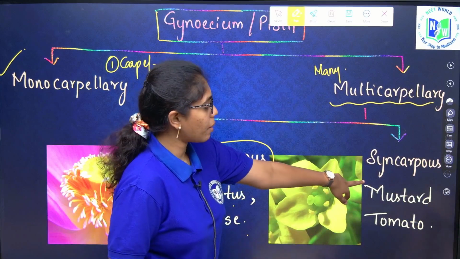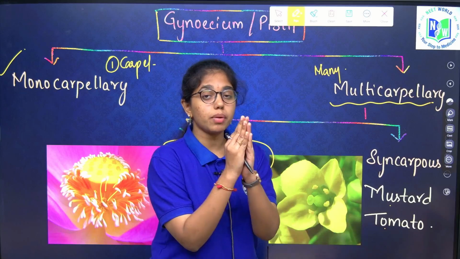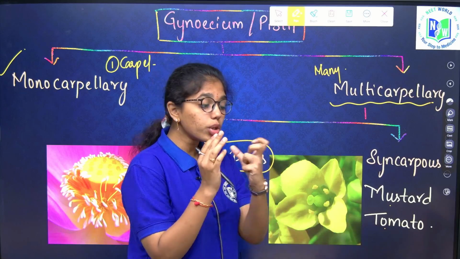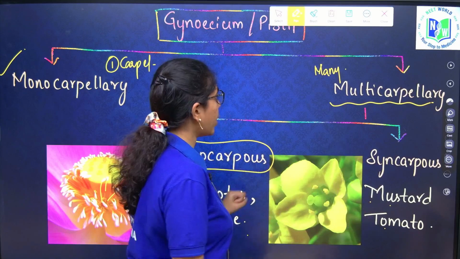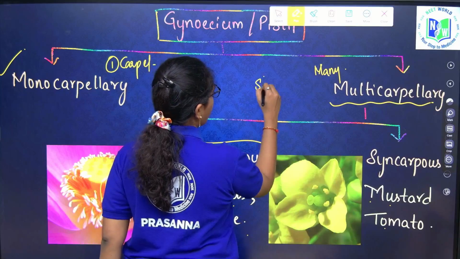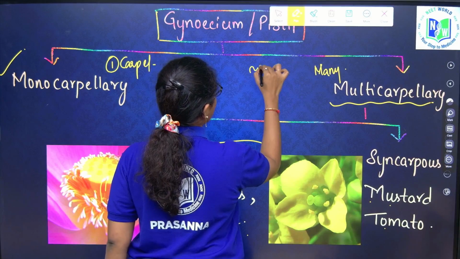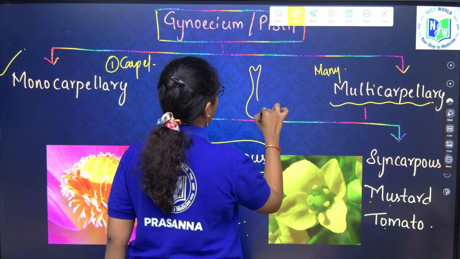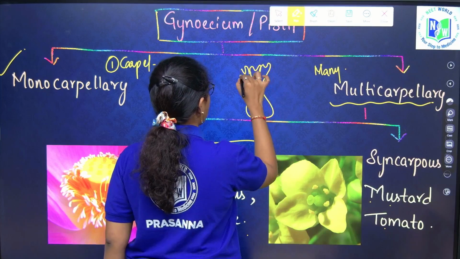In syncarpous, for example mustard and tomato, the gynoecium structures are united. Let me draw a picture: stigma, style and ovary, one more thing like this, stigma, style and ovary.